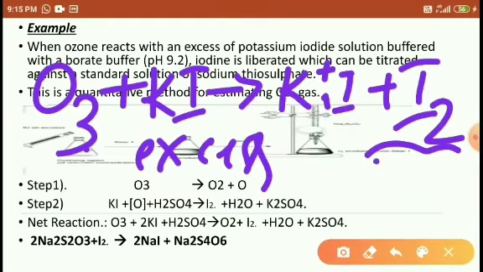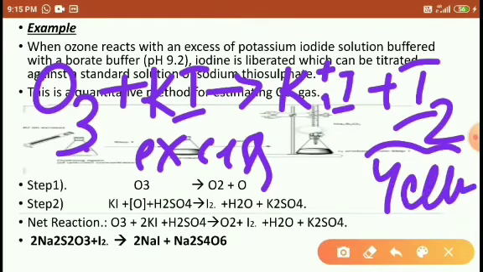How will we determine it? Because it liberates a yellow color, this yellow color indicates that iodine is liberating. From the excess amount, a small amount of iodine molecules are liberated, indicating the yellow color.